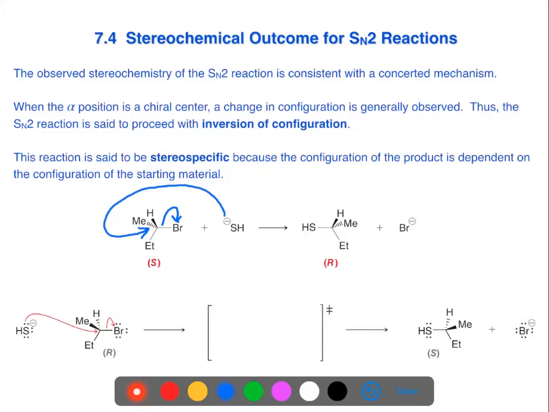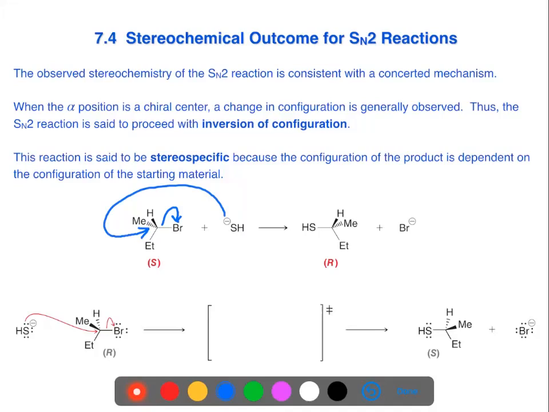Well, we've mentioned in the previous video that at the transition state for an SN2 reaction, we are forming a new bond between the sulfur atom and the alpha carbon. And at the same time, the original carbon-bromine bond, the leaving group, is starting to break. And so the transition state can be drawn as such.